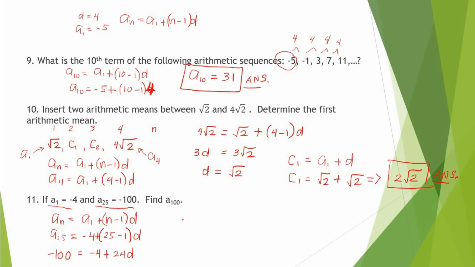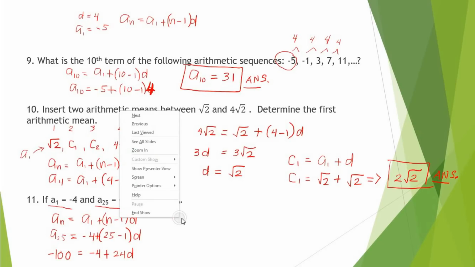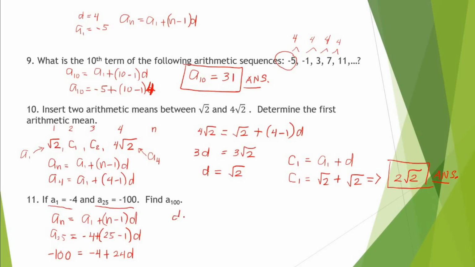Our only unknown is D. So if we simplify this further, our D is equal to negative 4. Having known our D, which is negative 4, we can now find our 100th term.